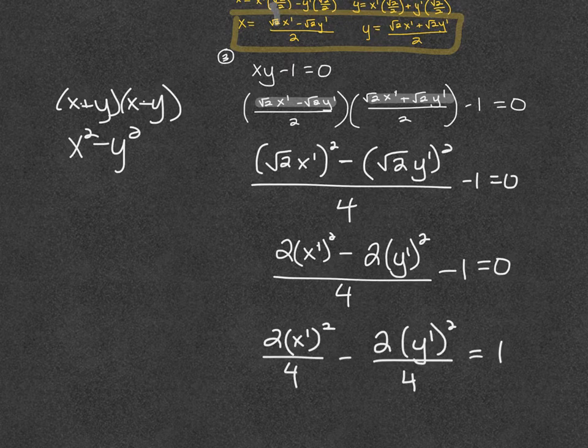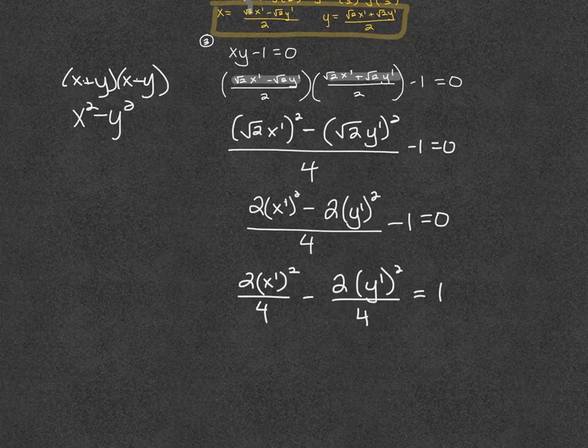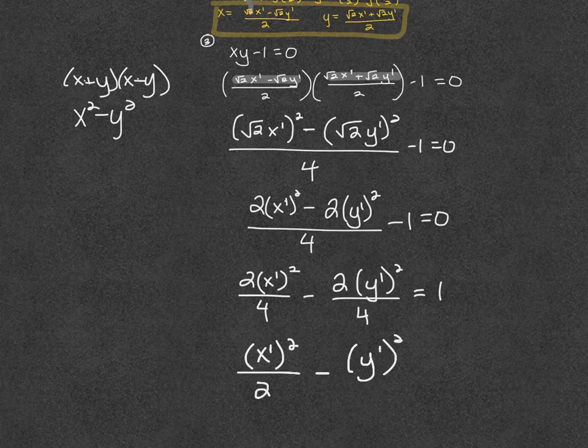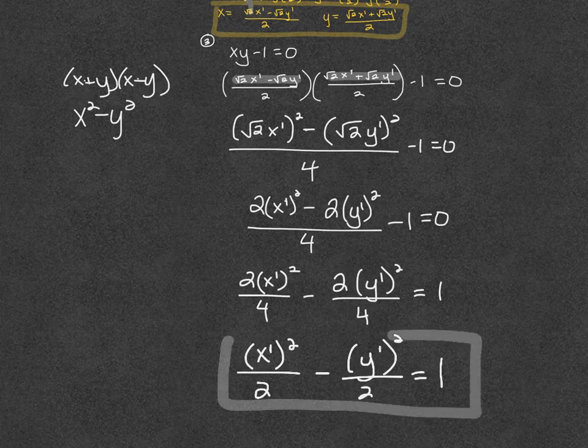I'm going to bump that one to the other side. And then I'm going to reduce. So x prime squared over 2 minus y prime squared over 2 equals 1. And there's my standard form. That's your third checkpoint.